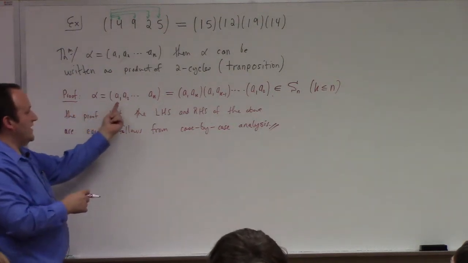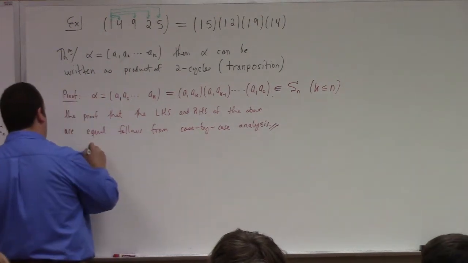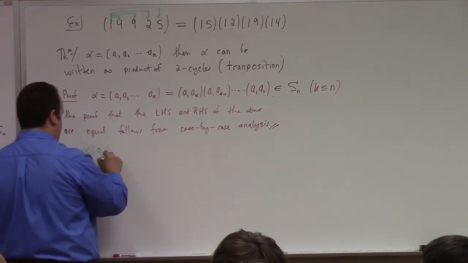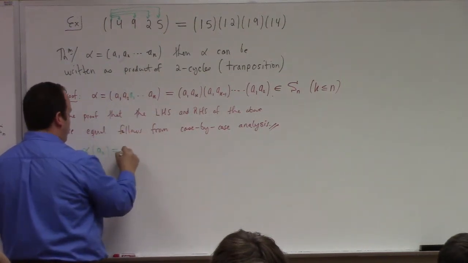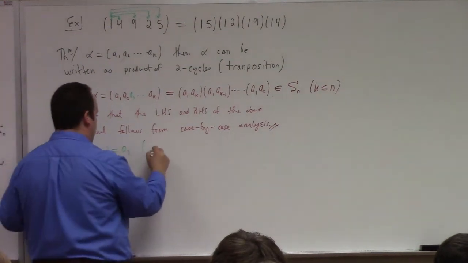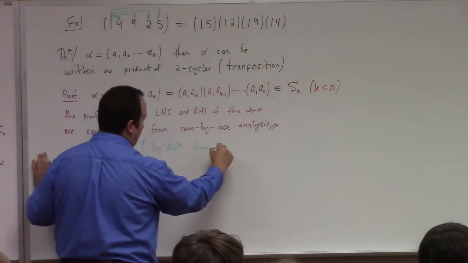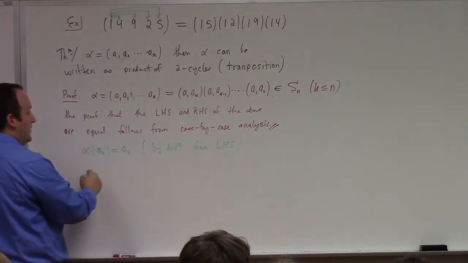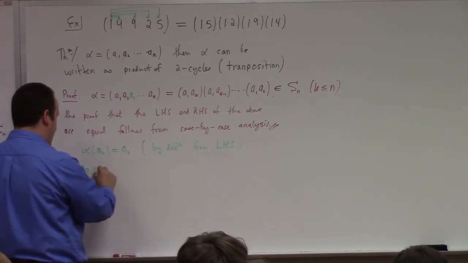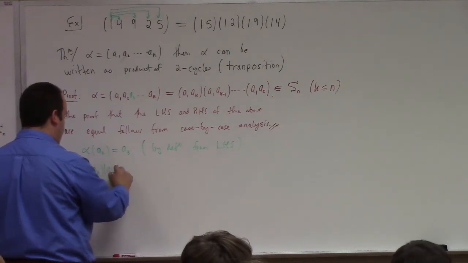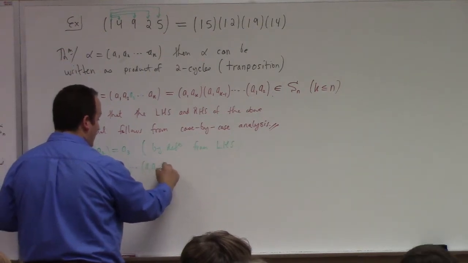I mean, you just put x equal to a1 and so forth. Here, I'll do one of the cases for you. Let me do a2. Alpha of a2. From the definition, it should be the next thing I haven't written, right? It should be equal to a3, right? This is by definition from the left-hand side. But what happens when you feed a2 into (a1 ak)(a1 ak-1)...(a1 a3)(a1 a2)?